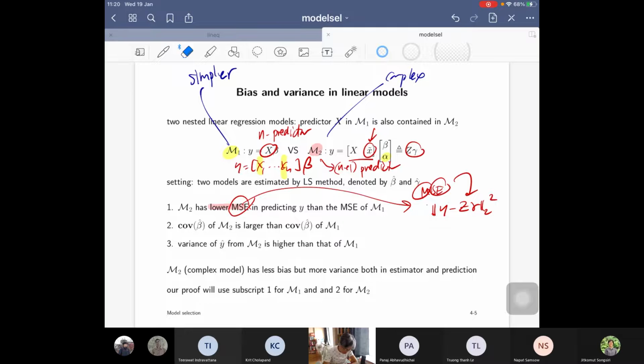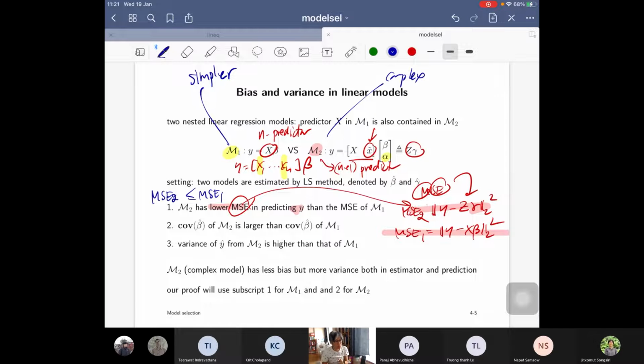That is my MSE 2. My MSE 1 would be the norm of y minus x beta, squared. I'm saying that the MSE in predicting y, with this mathematical formula, we can show MSE2 is lower than MSE1.